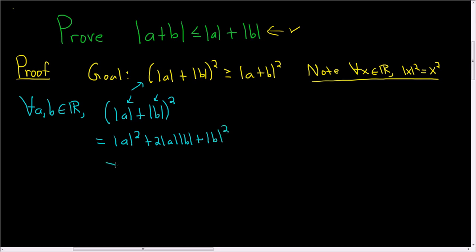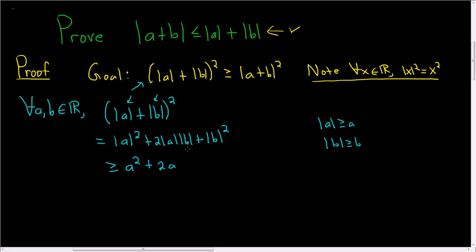This is greater than or equal to, well, we can replace the absolute value of a squared with a squared, plus, and then we know that the absolute value of a is greater than or equal to a. So we can replace the absolute value of a with a. Likewise, the absolute value of b is greater than or equal to b.